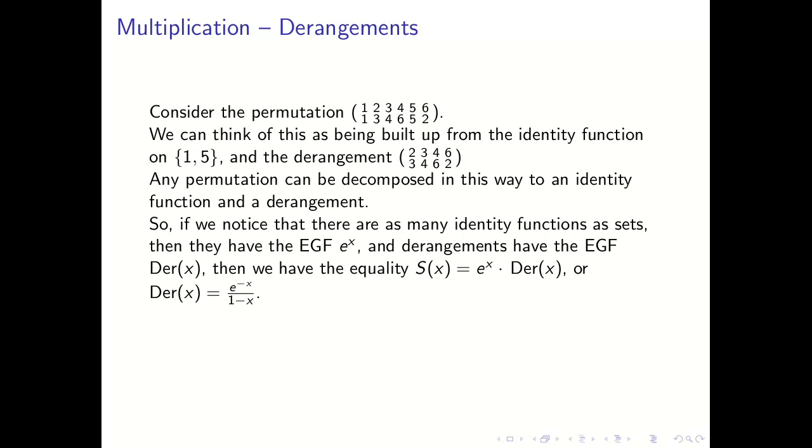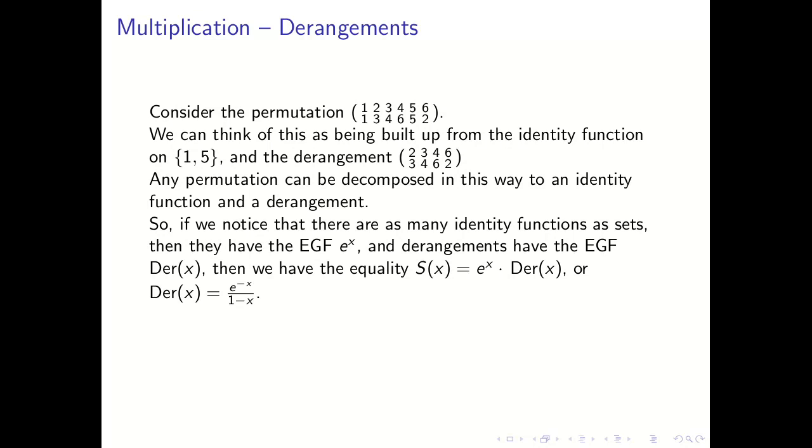And so I would need to tell you what the exponential generating function for the notion of an identity function is, and well, there are as many as there are sets. That seems reasonable to believe, and the exponential generating function for sets is e to the x. And for derangements we have this exponential generating function.